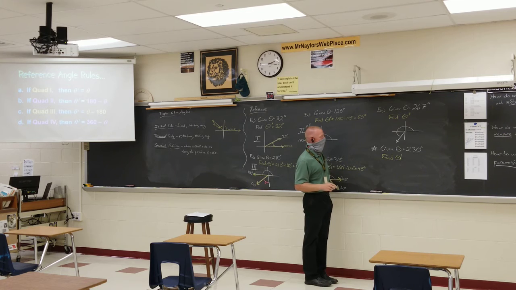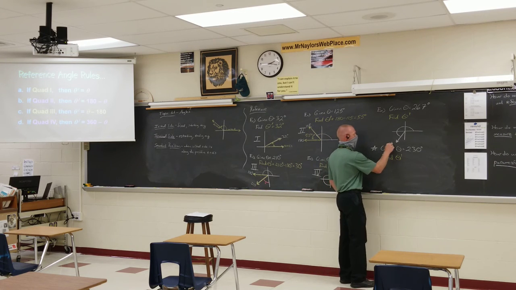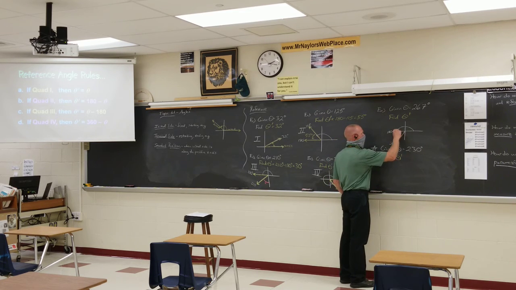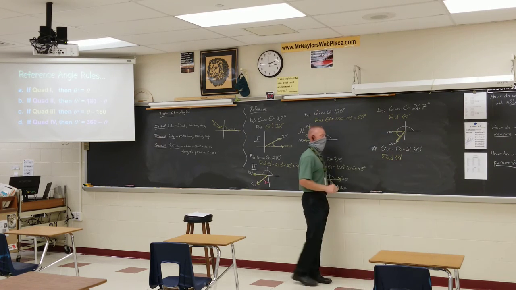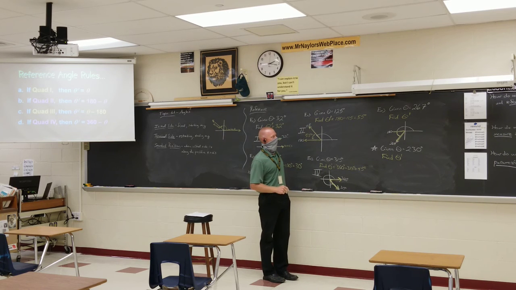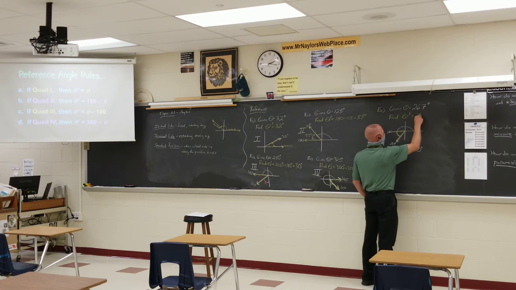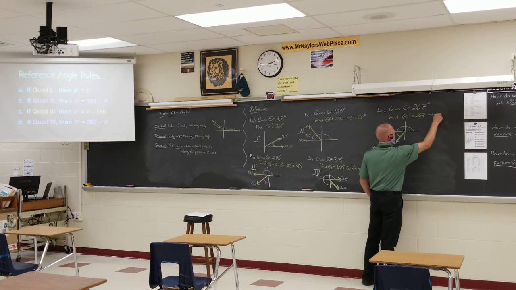Okay, now 267 is all the way over here. But the real question is, how much beyond 180? How much beyond 180 is 267? Okay, so we have ourselves a subtraction problem where you can take 267 minus 180.